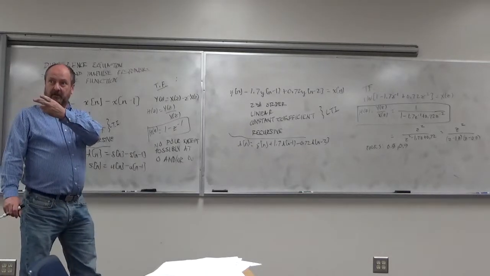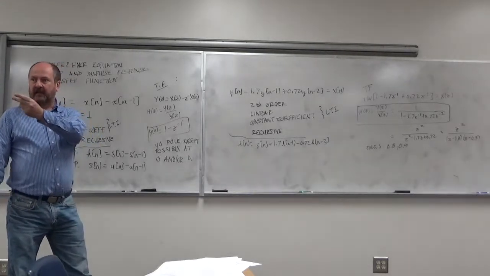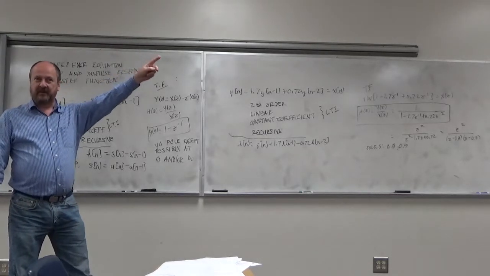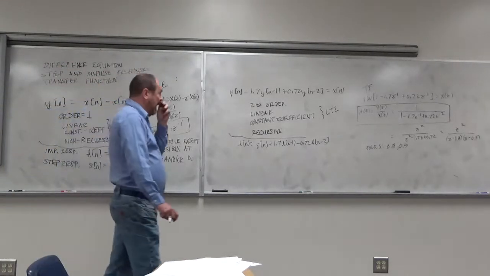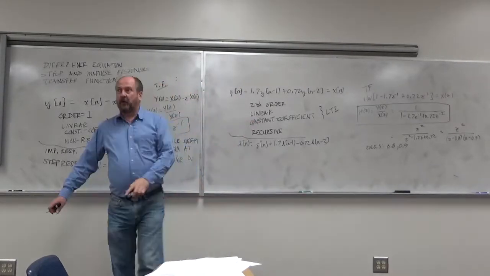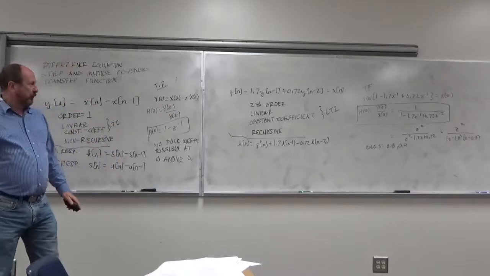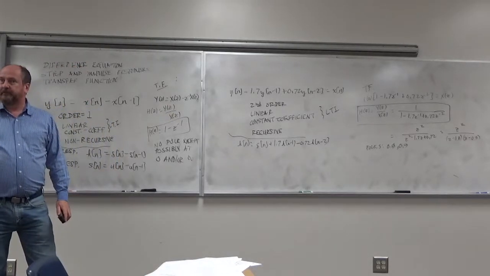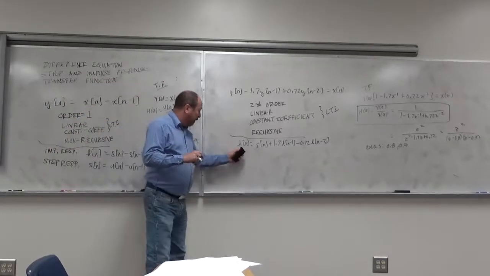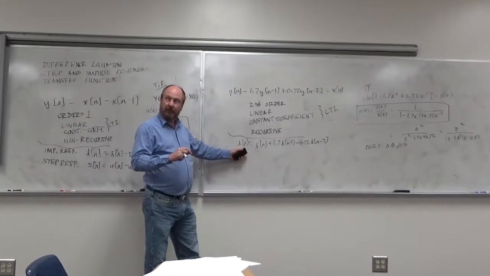Where? Unit circle and way out there. Infinity. Unit circle and infinity. Okay, so now we're going to find the impulse response and step response for this system. Okay, this is the way we're going to do it. As I said, and by the way, I can do the same thing for the step response here.